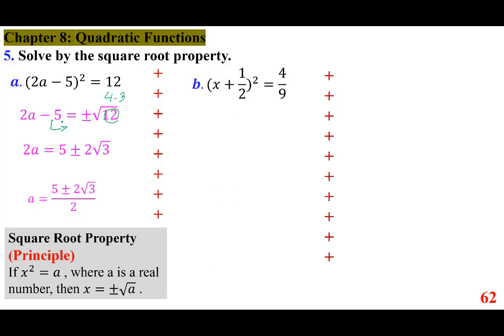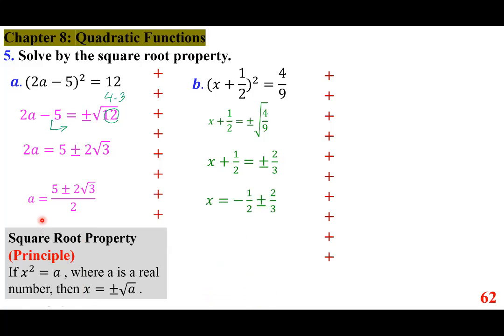If you look at this question, this is also in the same format. We can take a root. The left side comes out, and the right side is plus minus the square root. And that is plus minus 2/3. So the right side is plus minus 2/3. We're going to move the 1/2, and it becomes negative on the other side.